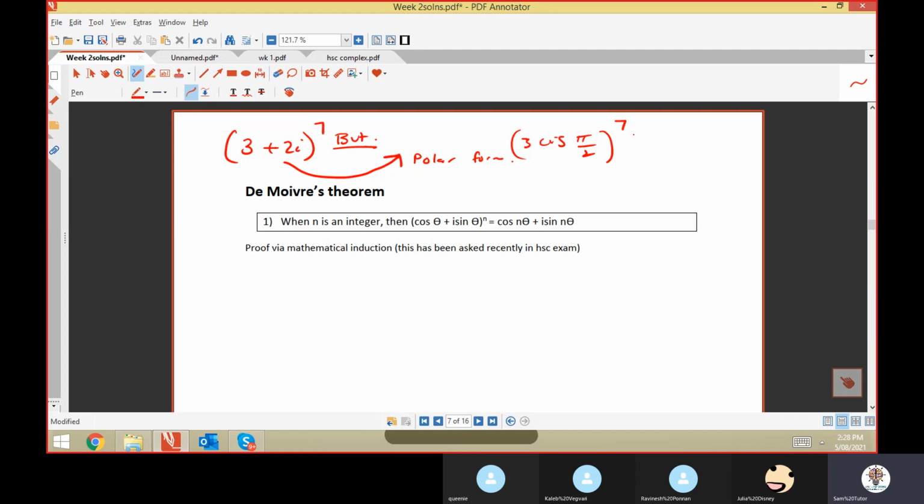But now, because of this theorem that we've got, look how much easier it is to expand. 3 to the power of 7, and then cis, you just multiply the angles. How easy was that? Something that was really annoying can be done very quickly.